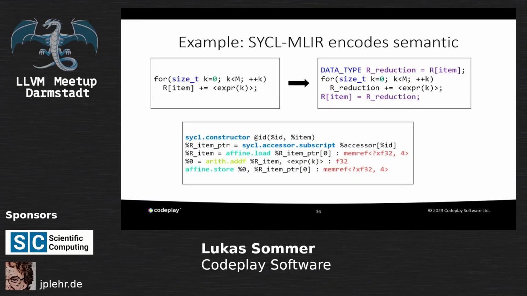And with that much higher level representation, and also domain-specific SYCL representation, it's much easier to do optimizations than it was with that LLVM IR full of calls with mangled C++ names and pointers and whatnot. And this is exactly what we want to leverage from MLIR, this kind of higher level representation to do optimizations.